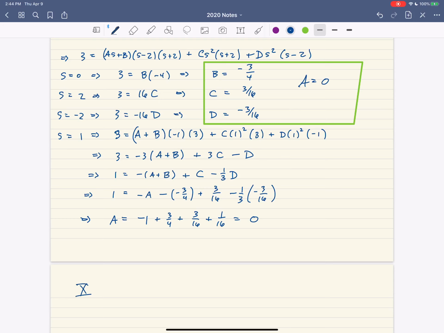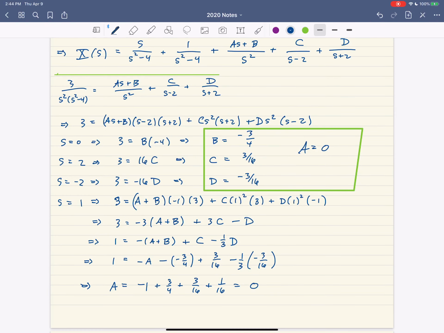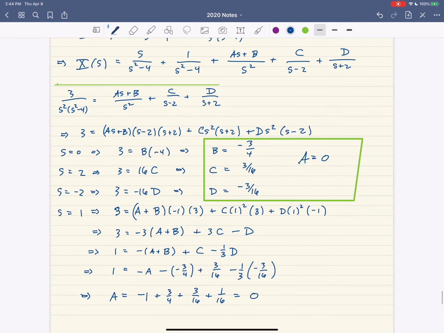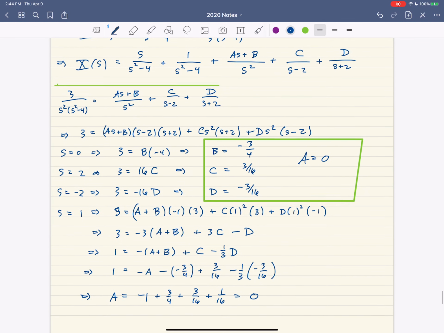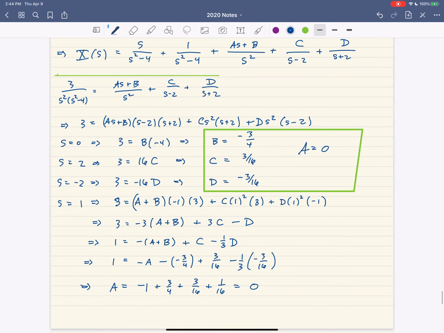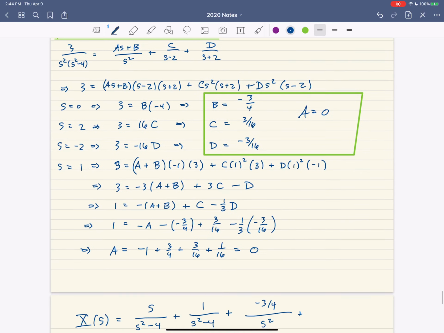So capital X of s is going to be equal to s over s squared minus 4, plus 1 over s squared minus 4, plus as plus b over s squared. Remember, a is 0, b is negative 3/4, so we'll get negative 3/4 over s squared, plus, I just want to make sure to put this on the right spots here, c over s minus 2.